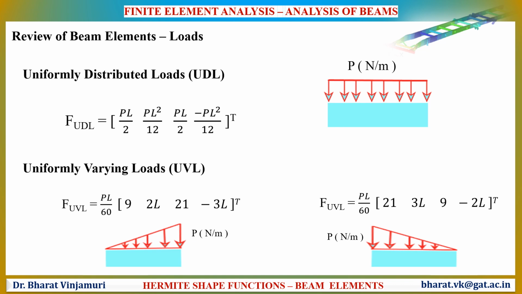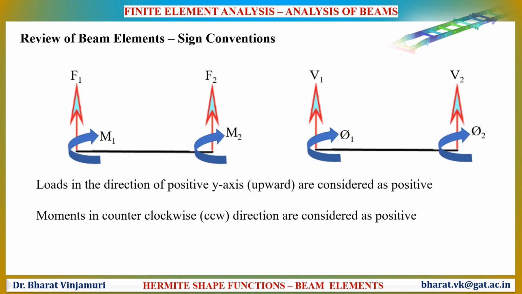UDL and UVL is another category of loads that are applied over the entire structure, and the same are given in the following equations. The sign conventions of beam element is as shown in the figure. The upward loads are considered as positive and counterclockwise moments are considered as positive.